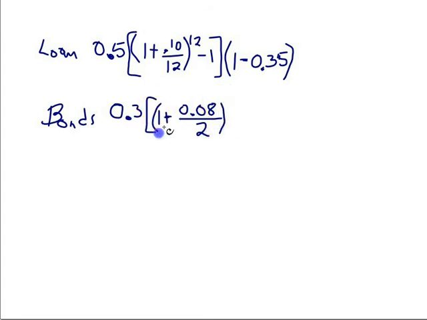So we need to compute the yearly interest rate, which is 1 plus 0.08 divided by 2 to the power 2 minus 1. That's the yearly interest rate.